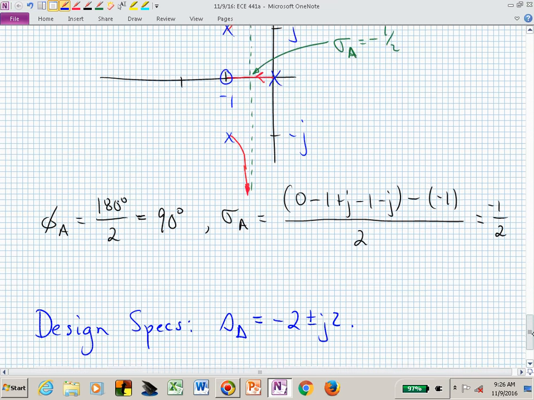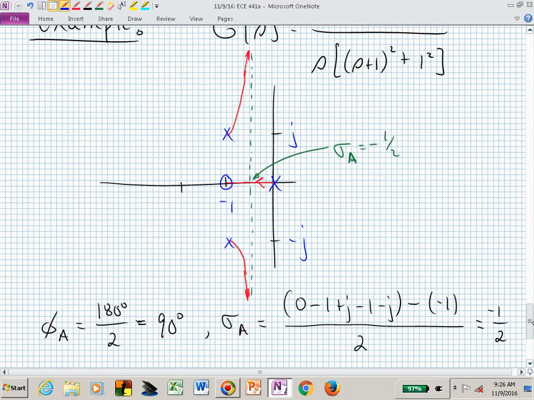And if we put that on the root locus, now we are saying that we want to go there and there with our branches of the compensated root locus.